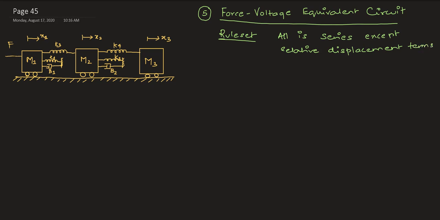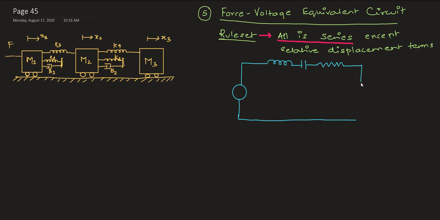How does your circuit diagram map from your differential equation? The rule set that we need to follow here is series and parallel. We need to identify which components are going to be in series. All the components which do not have a relative displacement term attached to them will be in series.